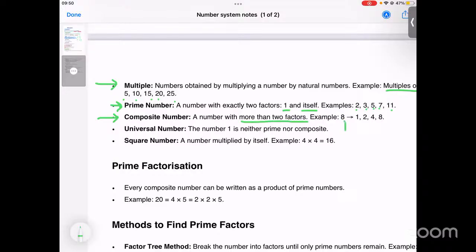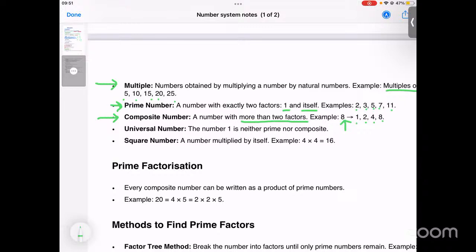An example would be 8. So 8 has got 1 that goes into it, it has got 2 that goes into it, it has got 4 that goes into it, and also 8 that goes into it. So unlike a prime number, which has only 2 factors, a composite number is a number that has more than 2 factors.